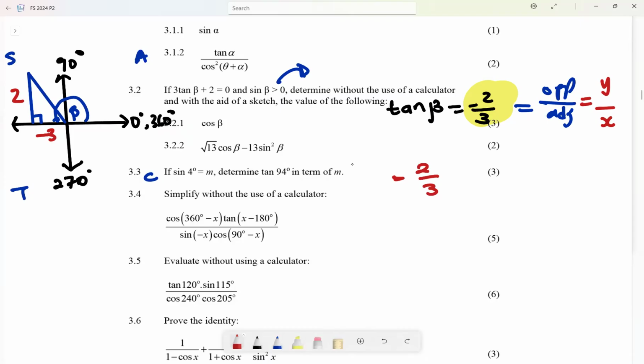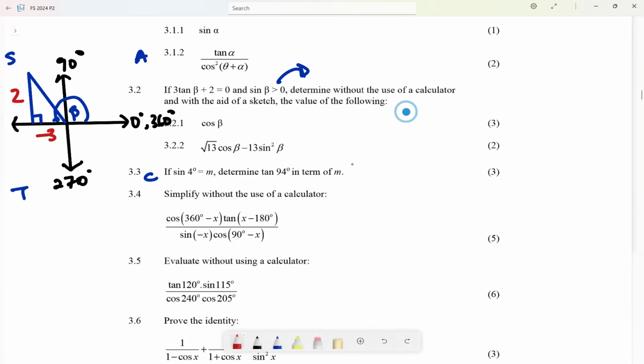So now I need to find my r. How do I find my r? This is 2 marks. I'm not doing this because I'm bored. Then how do I find my r? I'm going to use Pythagoras. Remember, r squared is equal to x squared plus y squared. Then r is equal to the square root of, remember r is always positive, what is my x?